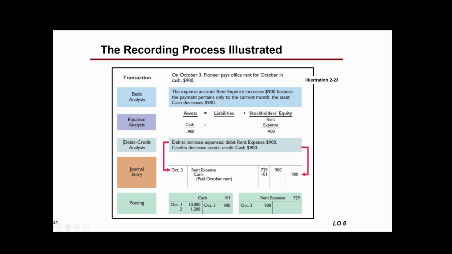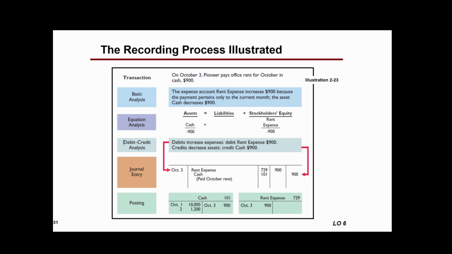In this case, cash is an account that usually has a normal debit balance, right? As a result, you do total debits minus total credits. In this case, it is 10,000 plus 1,200, that's 11,200, minus 900, so you will have it like this.